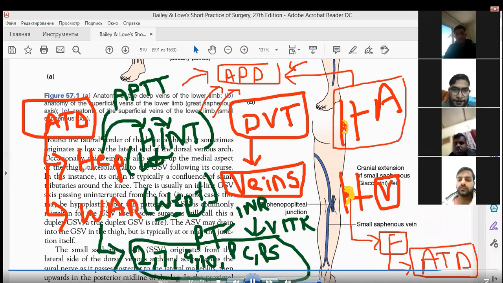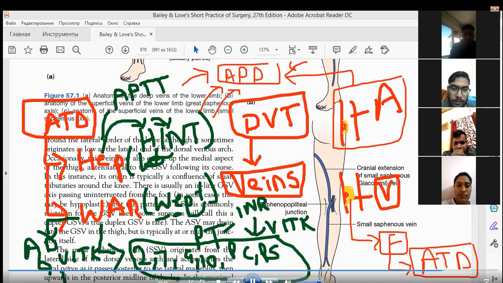And please remember the warfarin antidote. It is also an MCQ. The warfarin antidote is vitamin K, because warfarin is blocking vitamin K, and fresh frozen plasma. So it is the antidote for warfarin.